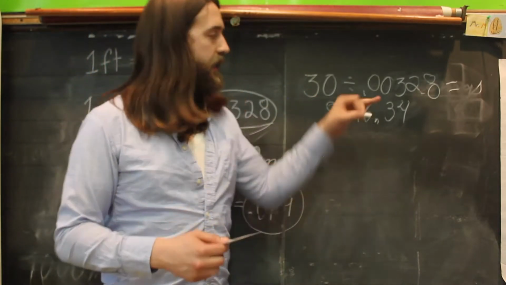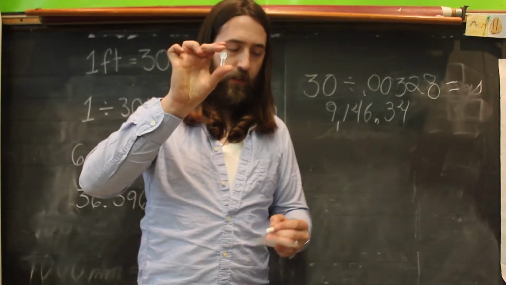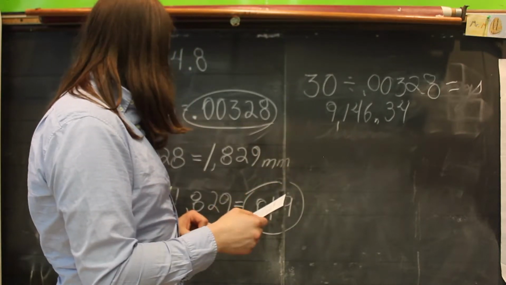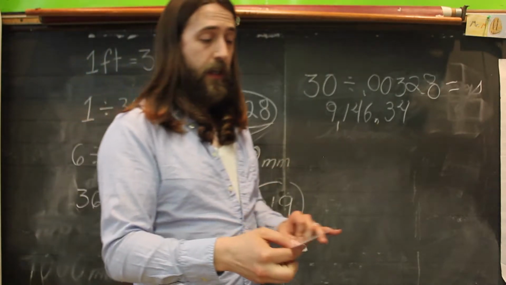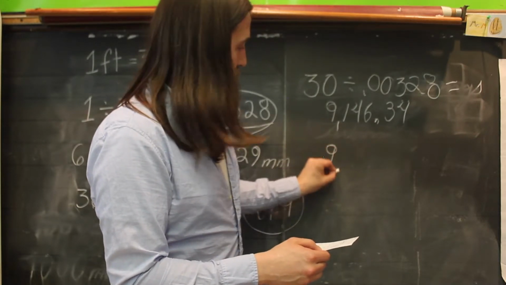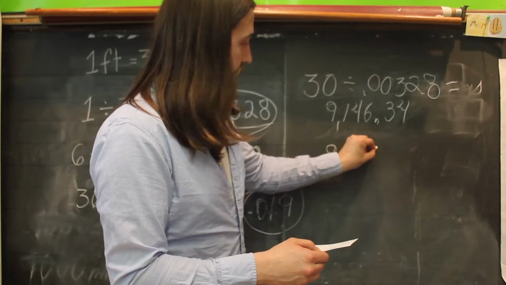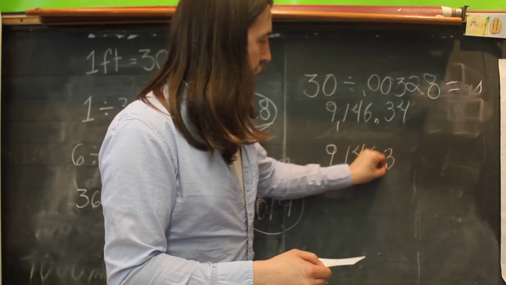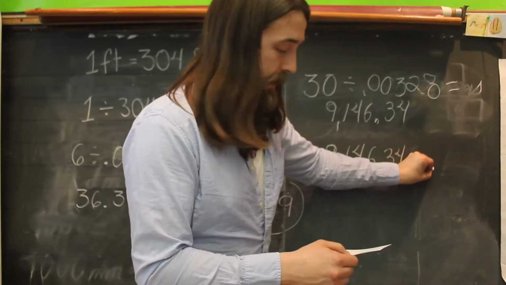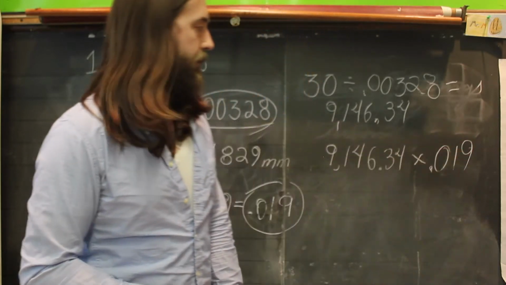But we don't just need it in millimeters, we need it to scale with our little fellow here. And so again, now we're going to be doing a multiplication. I'm going to take the millimeters, 9,146 and 34 hundredths, and multiply that by 19 thousandths.